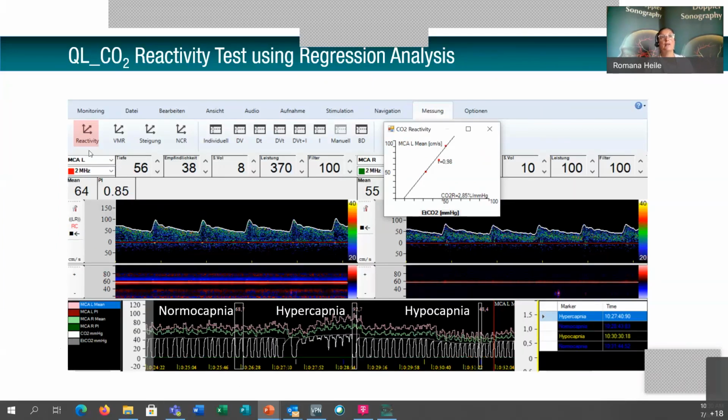So looking at the QL software, how can we create our CO2 regression analysis? Quite simple. We reload the recording to the user interface, and we are using the mouse to create 3 test periods.